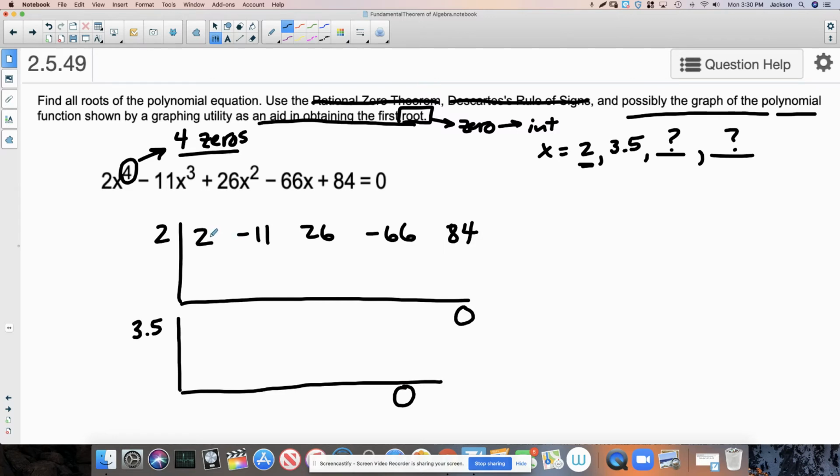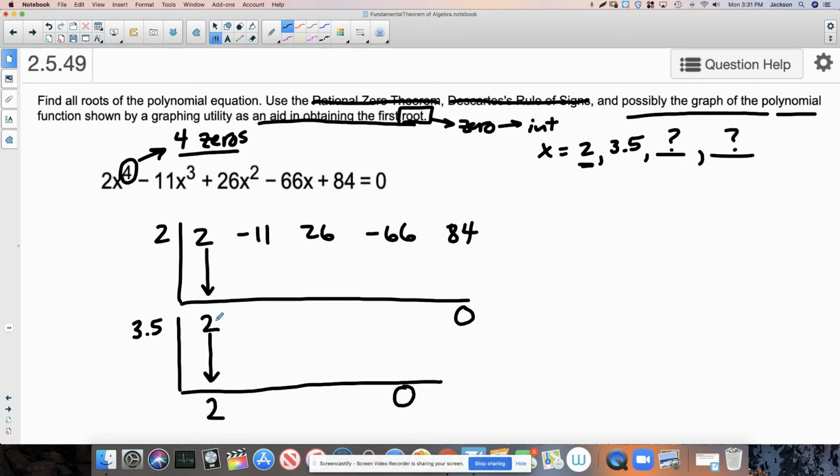Now, when this starts as 2x to the 4th, remember how synthetic division works, right? We drop this number down. Now this 2 is 2x cubed, right? And what's going to happen is I'm going to drop this down. And when I drop this 2 all the way down to here, it went from 2x to the 4th.